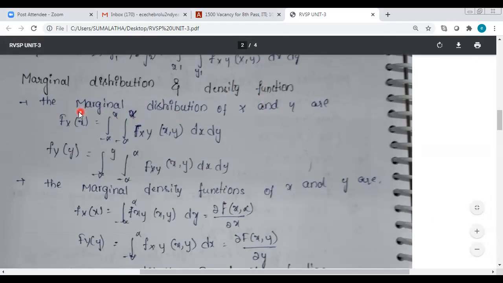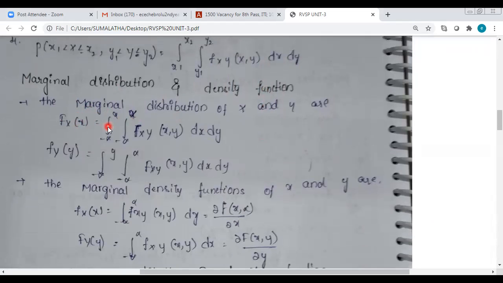So if you are taking the distribution function, capital fx of x is equal to, how did it come to us?